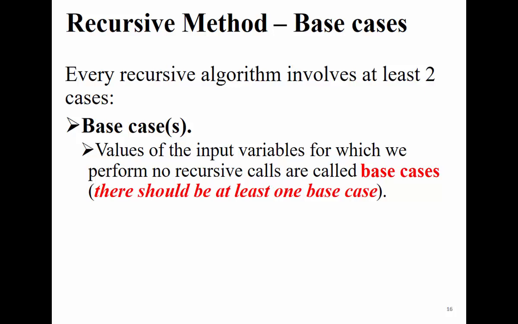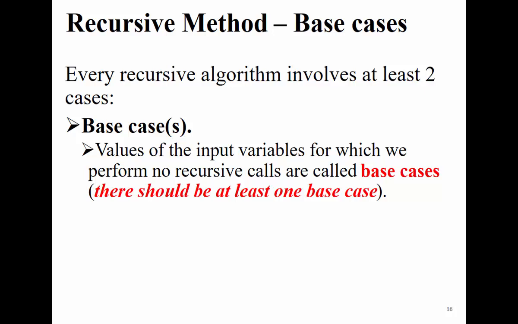So the base case is the very simple version of the problem that you know the solution to immediately. Like factorial of n is equal to 0. I know the solution is equal to 1. I don't need to do the recursive call. So it is the value of the input variable for which we perform no recursive call. Factorial of n is equal to 0, I know the answer is equal to 1.